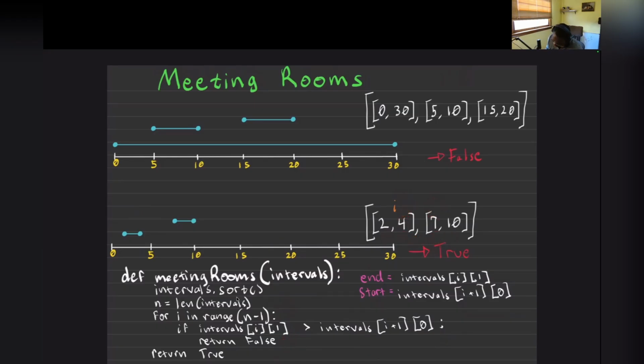Otherwise, our loop is going to terminate, right? Because we're doing it from i to n minus 1, and we return true.